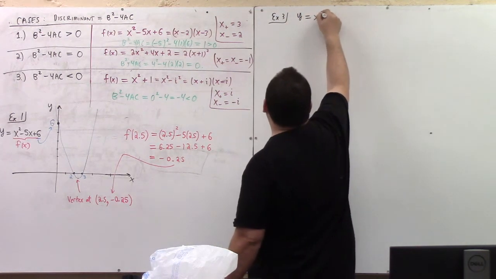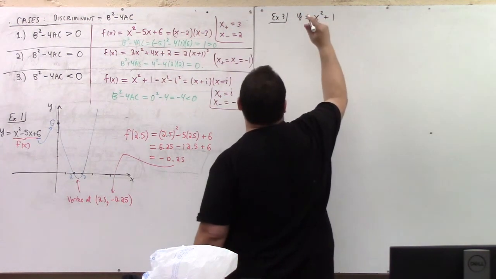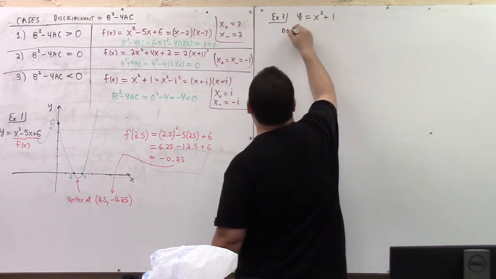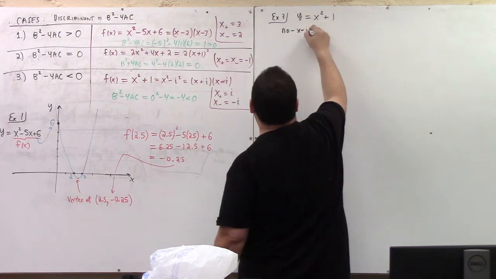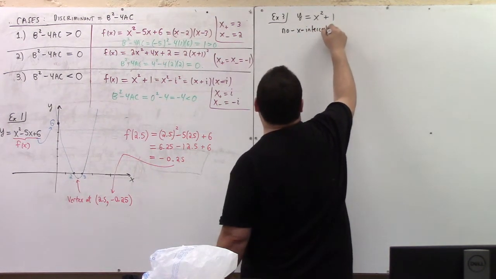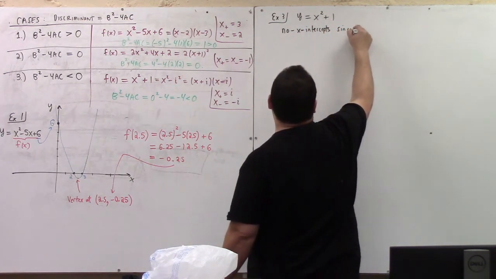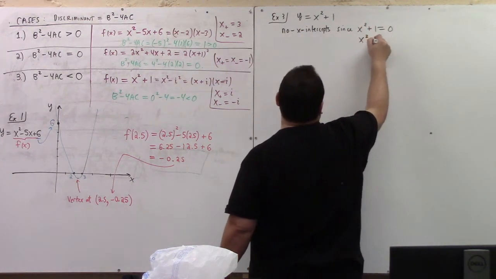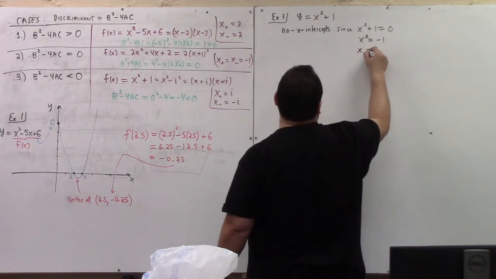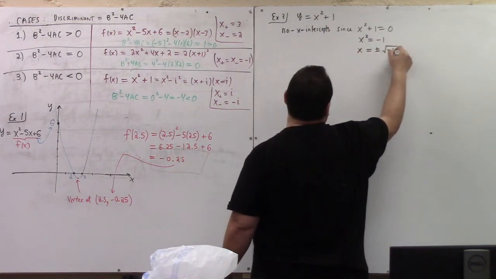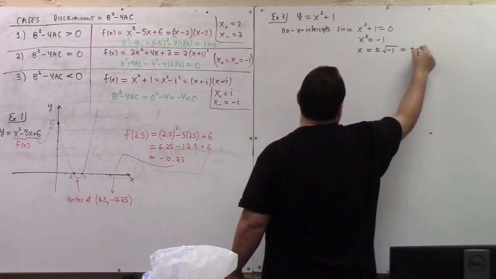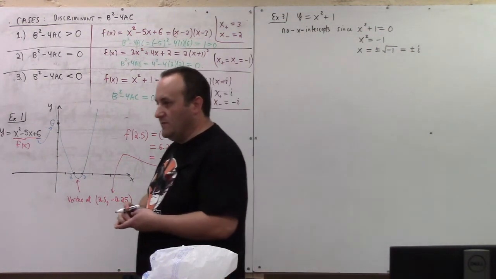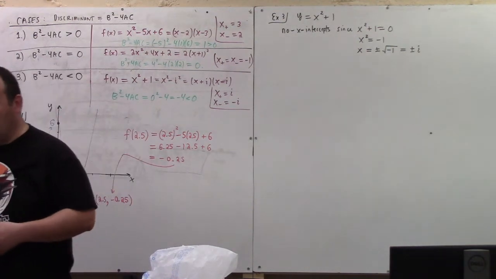Well, this one, we have no x-intercepts, right? Since x squared plus 1 equals 0 gives me x squared equals minus 1, which tells me x is equal to plus or minus the square root of minus 1, which we denote by plus or minus i, right? So the solutions to the quadratic equation corresponding to this function are complex.